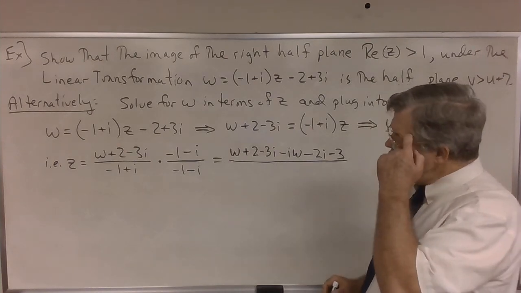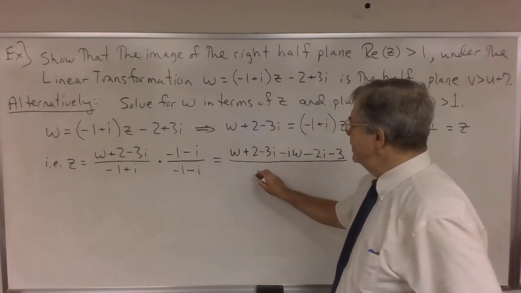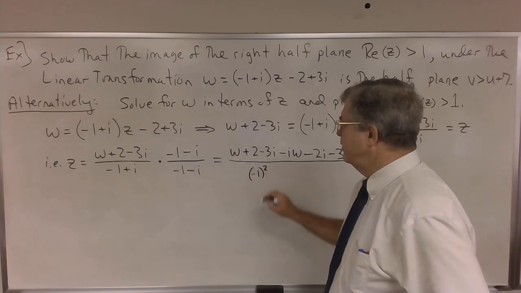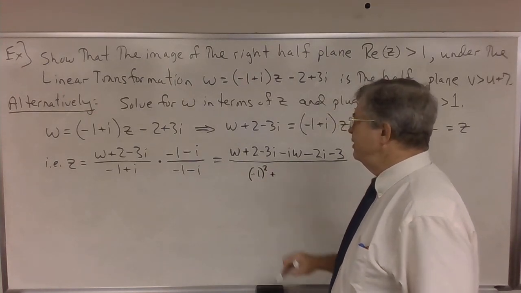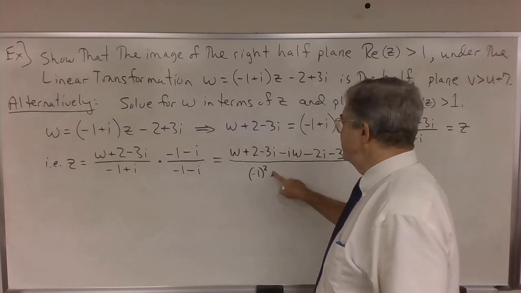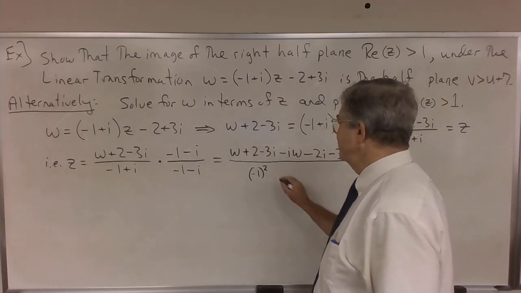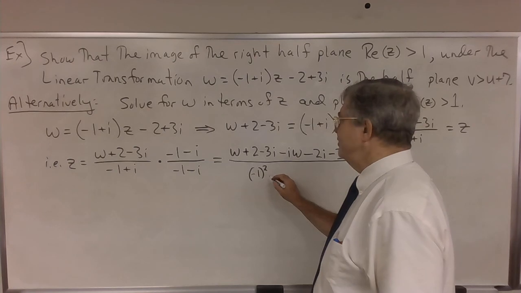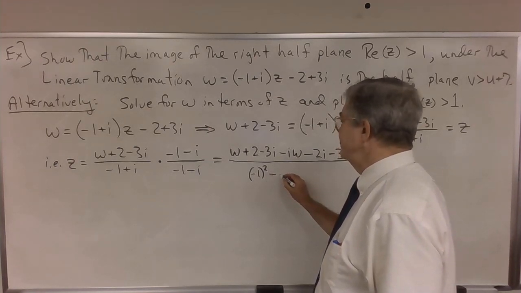And on the bottom we have negative 1 squared plus, let's see, multiply by the conjugate. So we get the first thing squared minus the second thing squared.